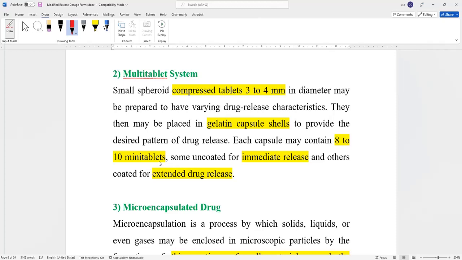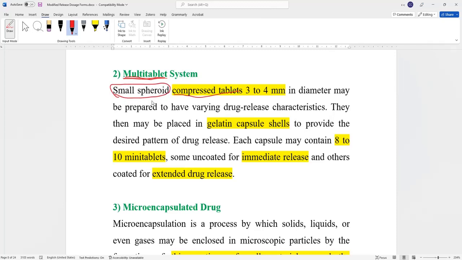Okay, so this is one example that we talked about. Now the second example of extended release is referred to as the multi-tablet system. Here we are talking about compressed tablets, but these compressed tablets are small spheroids.